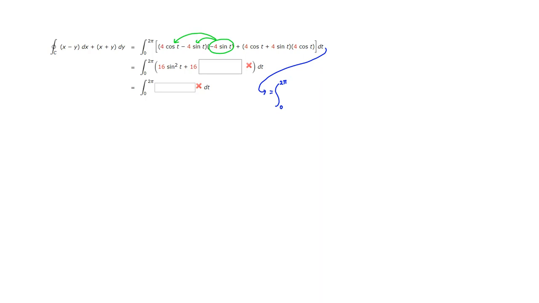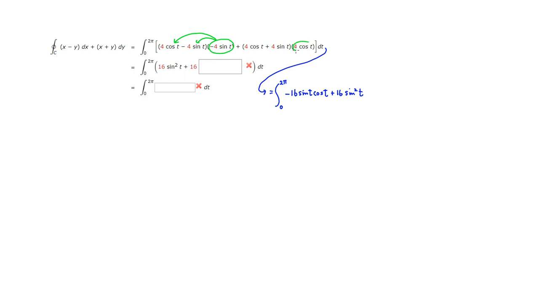Negative 4 times 4 is negative 16, sine of t times cosine of t. The next one is negative 4 times negative 4, which is positive 16, then you have a sine squared of t.